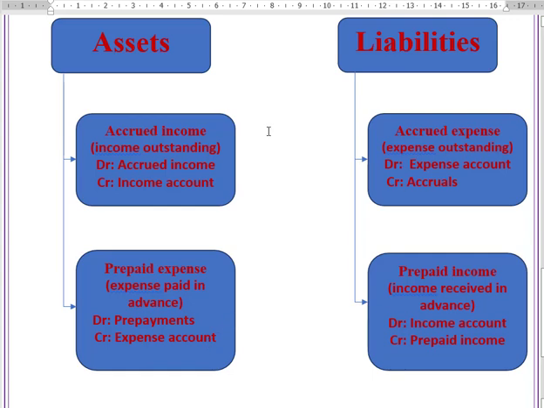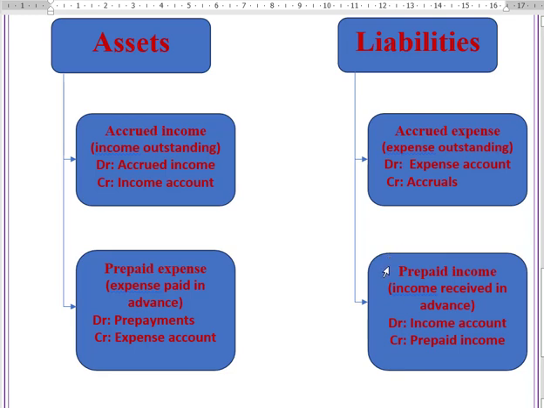We flip over to liabilities. You have accrued expense, an amount that you are owing, an expense that is outstanding. You have not yet paid for that accrued expense. It is a liability in your hands. You will credit accruals and debit the relevant expense. And prepaid income is money that someone has paid you in advance.